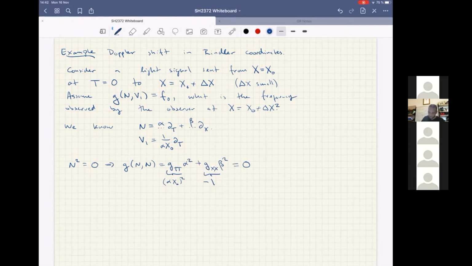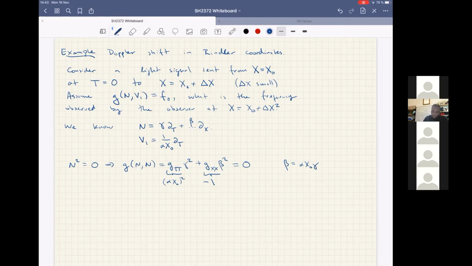In particular, it's going to tell us that beta is alpha x0, multiplied by, now I have 2 alphas, so let's call the second one gamma instead. Gamma, right?